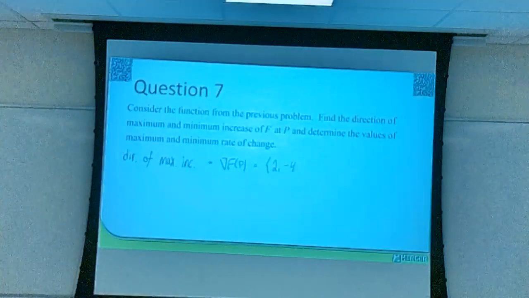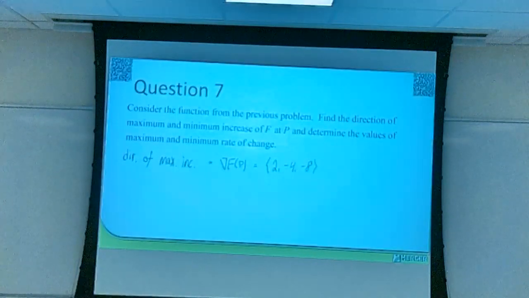And then the minimum is just the negative gradient. And so the direction of minimum increase, which by the way is also the direction of maximum decrease, is the opposite direction.